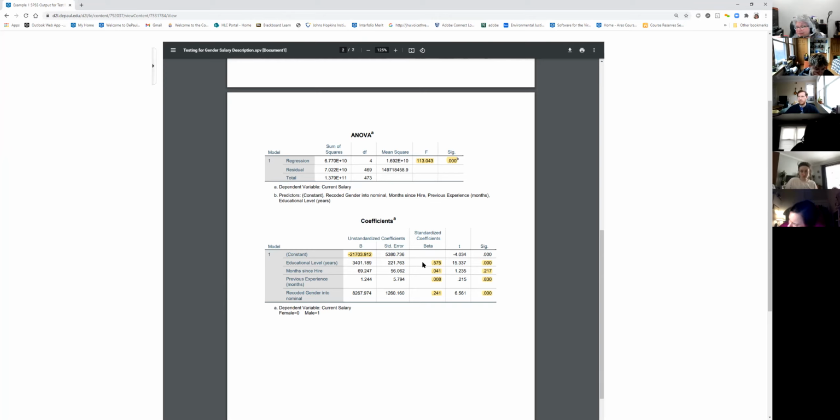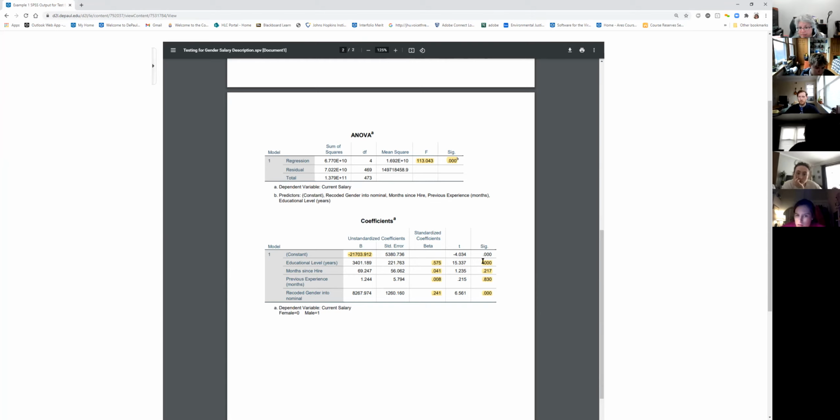Kind of nice, huh? All right, so again, and this is written down for you, but I want to finish the sentence so you understand how to report it. In comparing people, the greater the educational level, the higher the current salary, open parenthesis, standardized coefficient of beta equals 0.575, comma, sig period equals 0.000, close parenthesis, period.